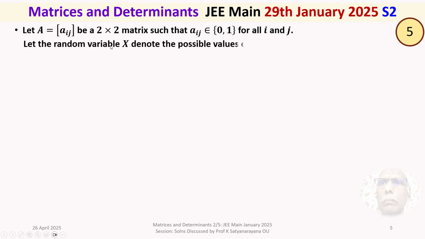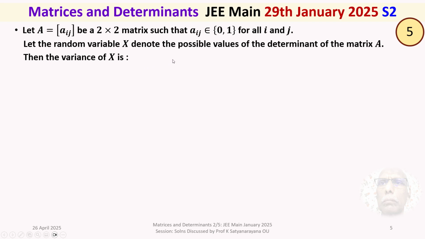Let the random variable capital X denote the possible values of the determinant of the matrix A. Then the variance of X is, we are given 4 options. Right. Let's now discuss the solution of the problem in detail.